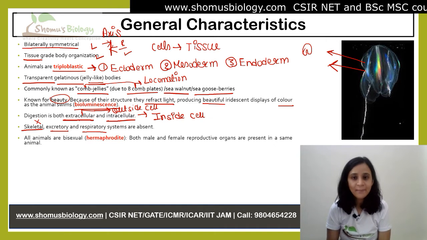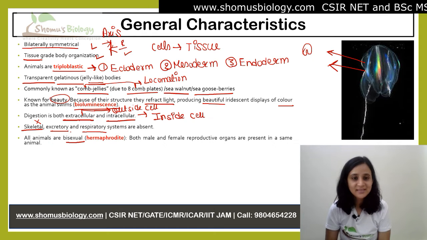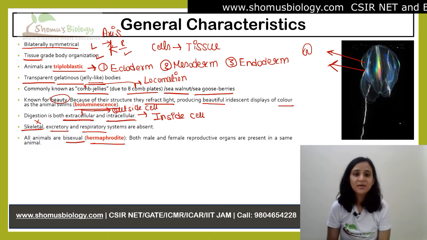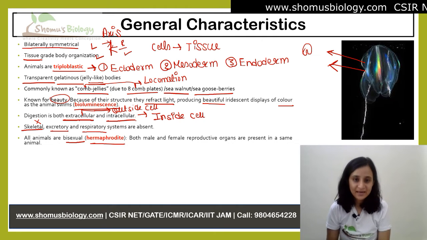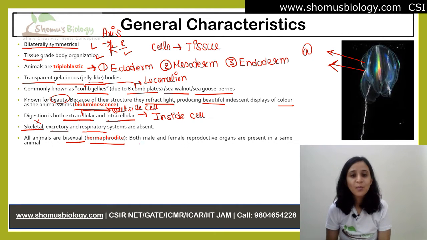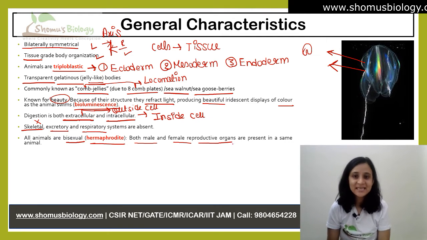All animals are bisexual or hermaphrodite, because we know that bisexual animals are hermaphrodite. That means both male and female reproductive organs are present in the same animal.